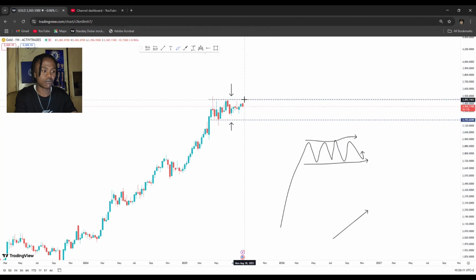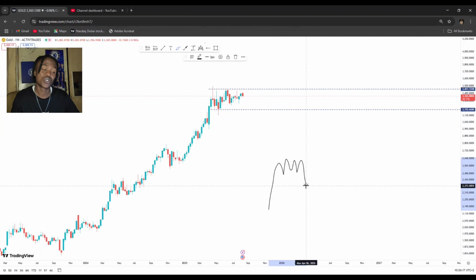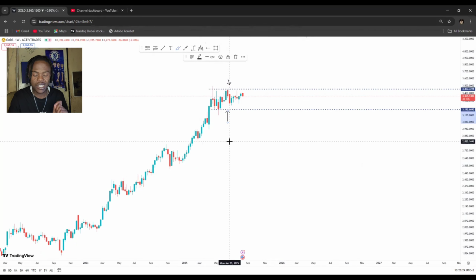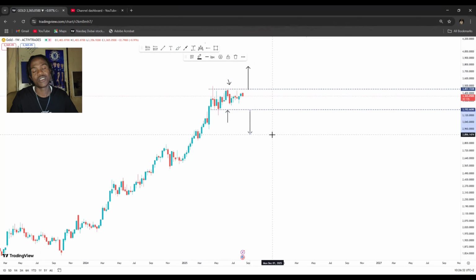But at the same time, there's also a greater chance that price might move to the downside, because a range of highs and lows is only based on price gathering momentum, right? So either it moves to the upside if your structure is bullish, or it reverses to the downside. Do you guys get that?